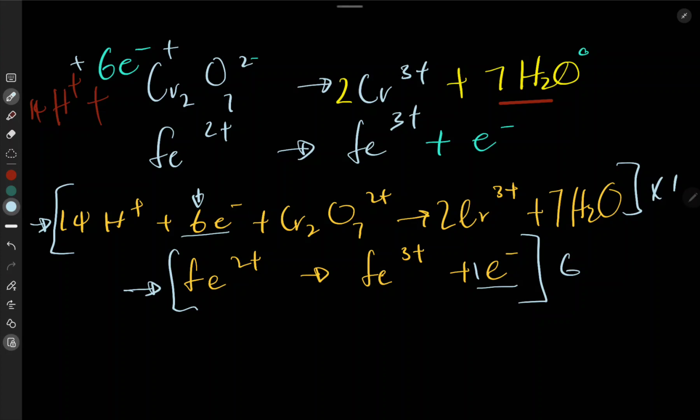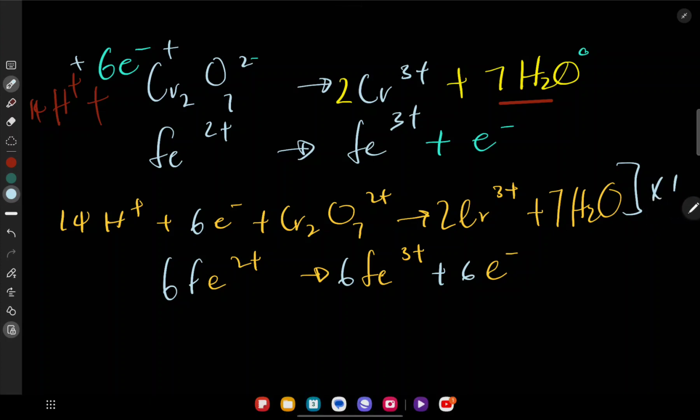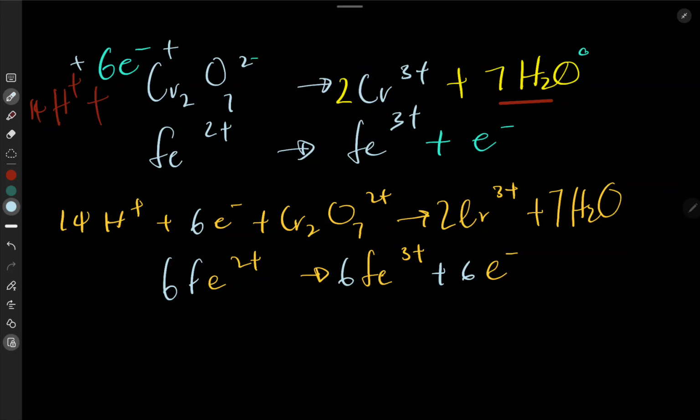So if I do that now, I'll have everything having a 6. It's going to be a 6 here, a 6 here, a 6 here, and here we'll have everything having a 1. So 1 is going to be all over, and doesn't change anything. So this is where we are.